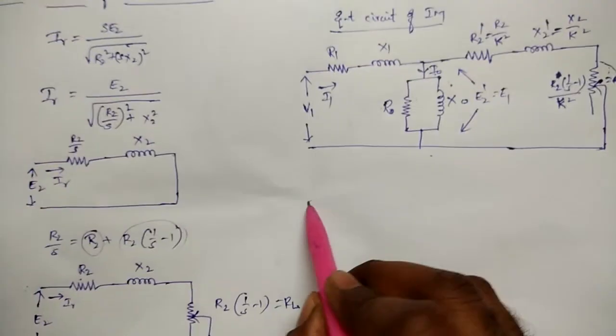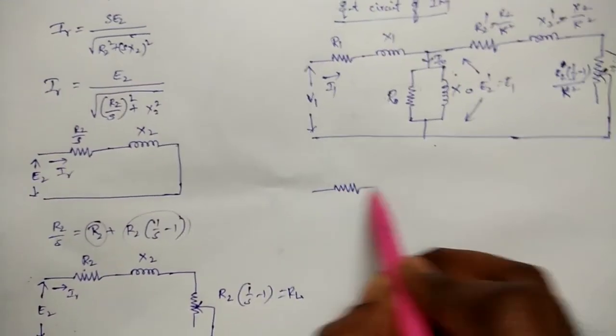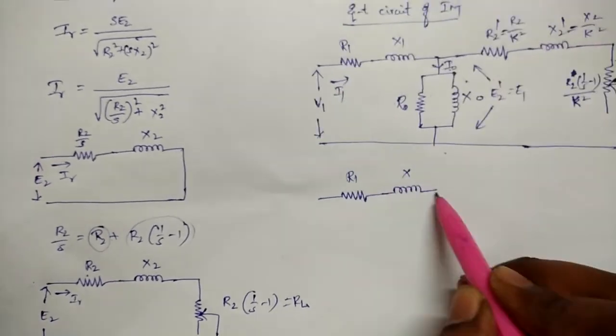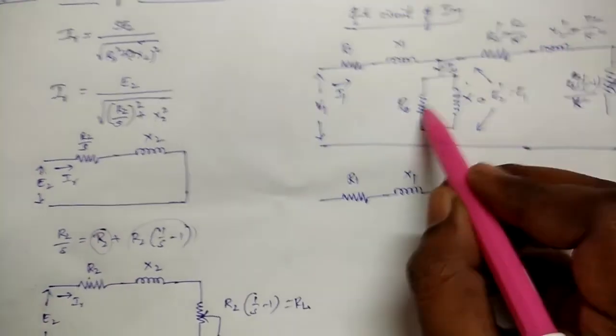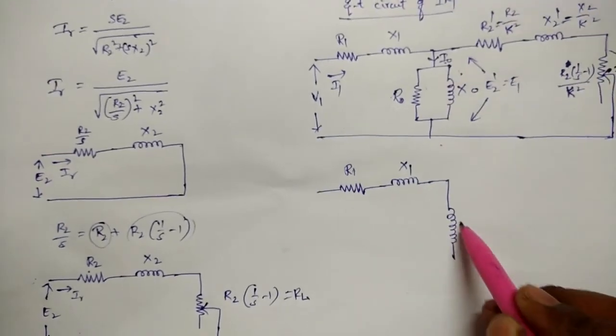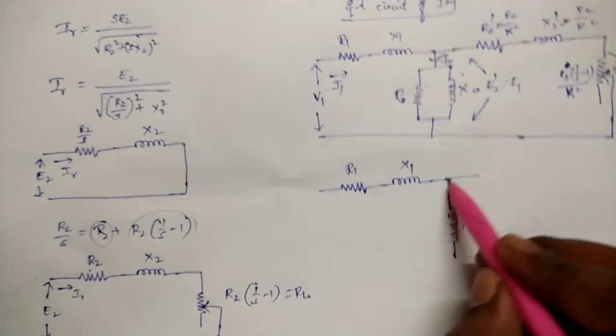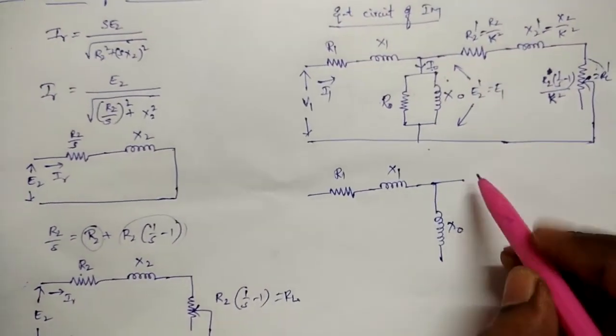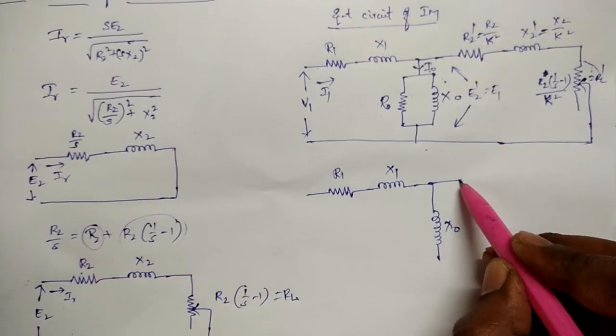Finally you can draw the equivalent circuit of the induction motor like this: X1. By neglecting R0, the core loss component, but you cannot neglect X0, because I0 is larger, that means 30 to 50% of the full load current.